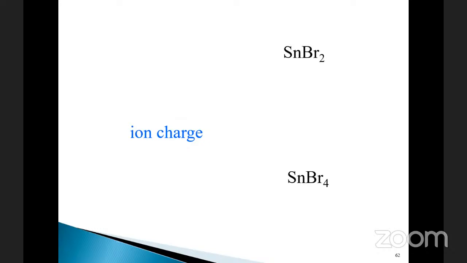Okay, Alyssa. So +2 applies to which ion? Okay, in the case of tin, and I'm assuming you're referring to the tin here, that's +2. Now, how did you know that it was +2? Anybody can answer. How do you know it's +2?